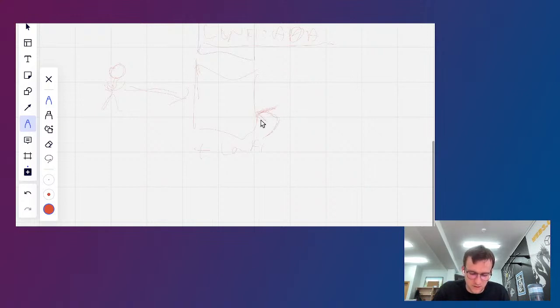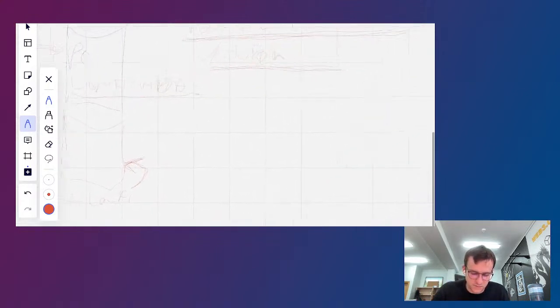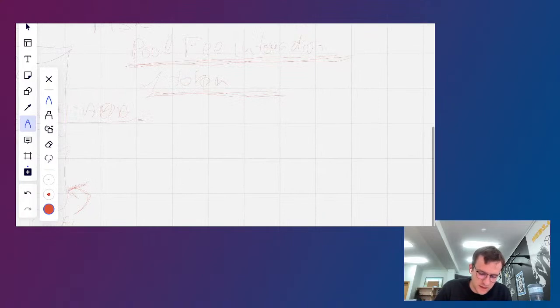So the very important thing is how the fee is managed. Currently, the fee is going to be managed by the team.